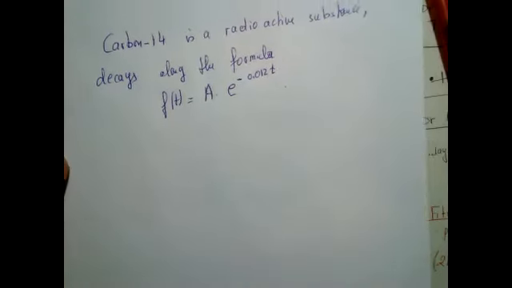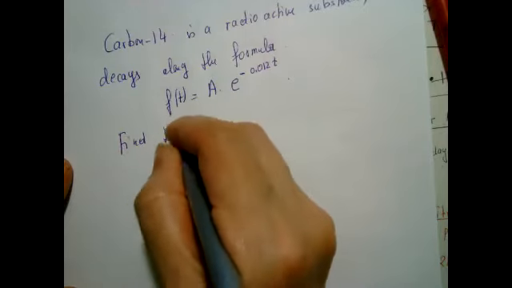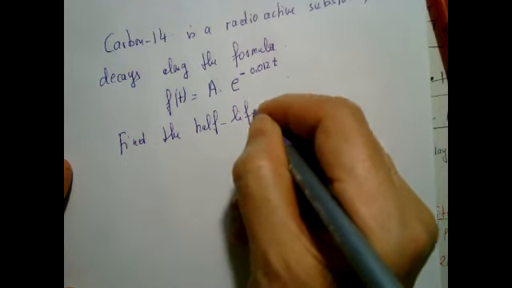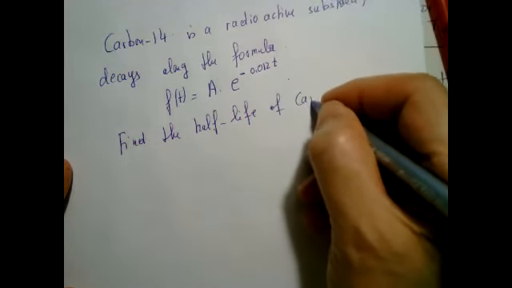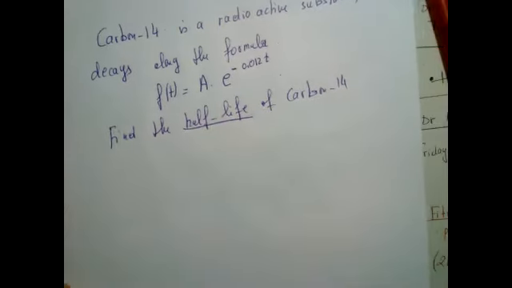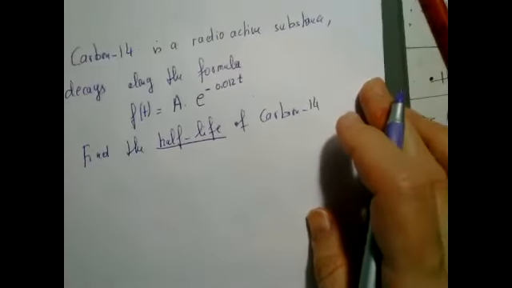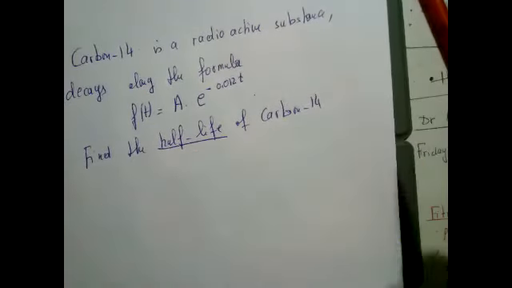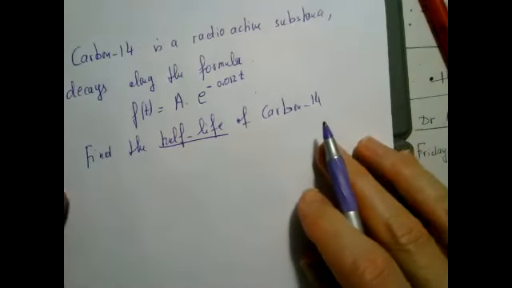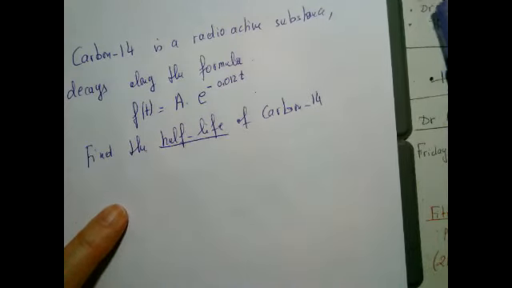Now the question is, find the half-life of the carbon-14. So we have a radioactive substance, we call it carbon-14, and it's decaying. It decays according to this formula. And as you realize, I put f of t to be a because actually I really don't need the a. And the question is, find the half-life of carbon-14.